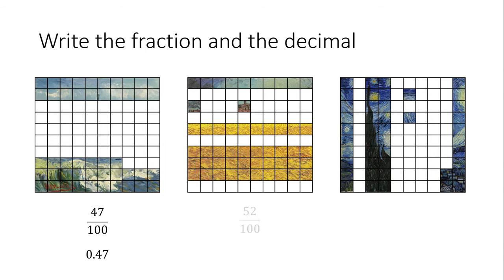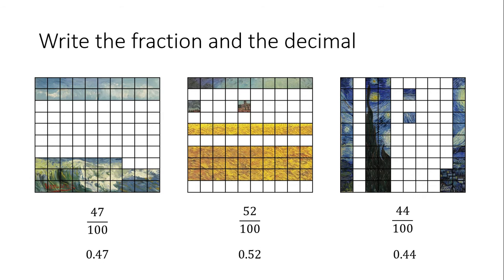In the painting in the middle, there are 52 squares that I can see. 52 out of 100, 52 hundredths. And finally on the right, this is the one that most people remember, the Starry Night. And there are 44 squares that you can see from the painting. So 44 hundredths.